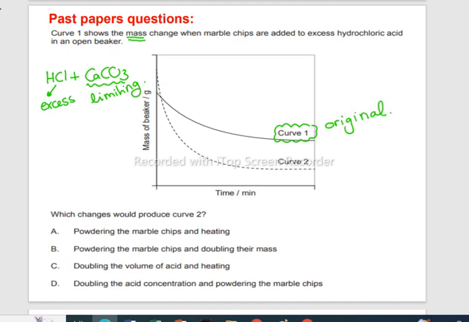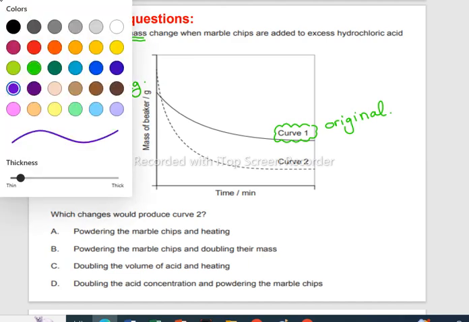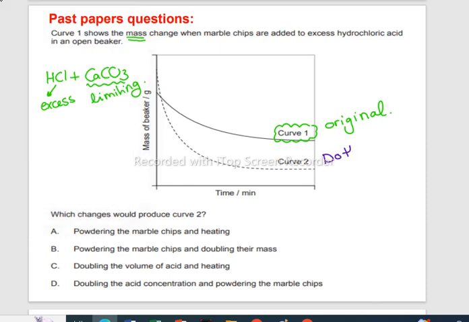Which changes would produce curve 2? The first thing, before looking at the answers, I will start thinking about whether they have the same ending. This is a very important question to answer. If you look at the curves, do they have the same ending? Of course, no. What does this mean?